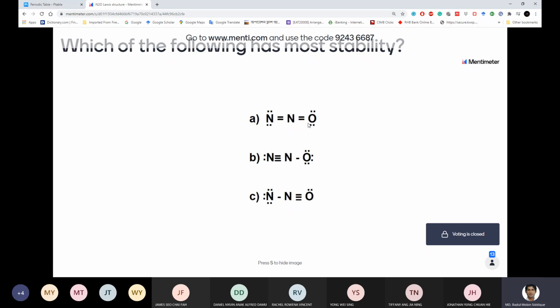So oxygen should take the negative charge, and that's why B is more plausible, because the negative formal charge for B is on oxygen. That is why B is more plausible. So congratulations to those who answered B. Those who answered A or C, I hope you know now.